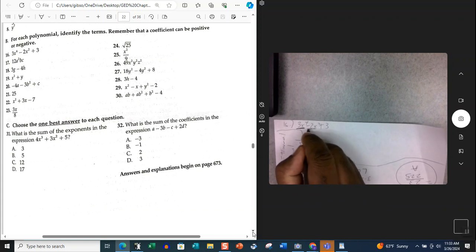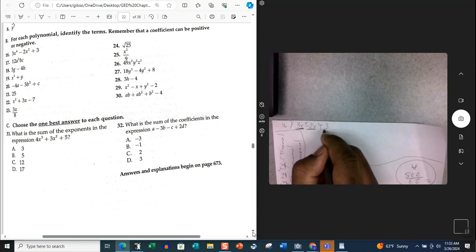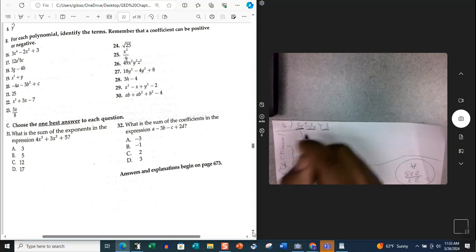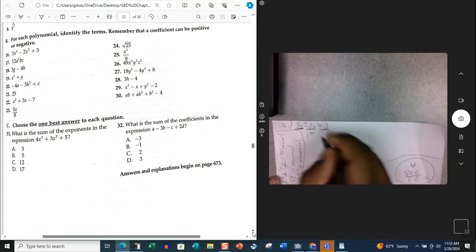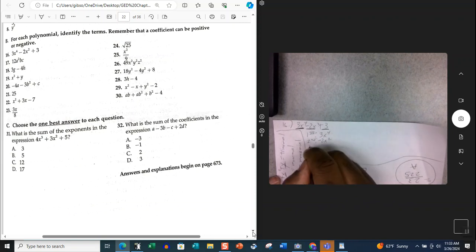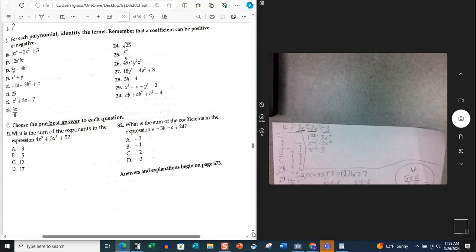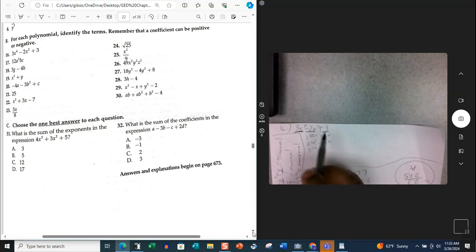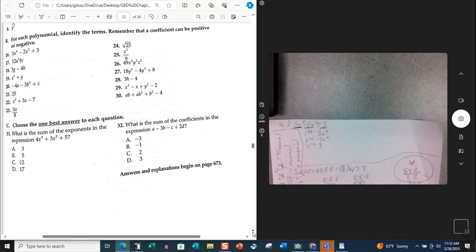The second term will include the negative sign, and this is the third term. First term is 3x to the 4th. The second term is negative 2x squared, and the third term is just 3. And you could also see that that's a trinomial.